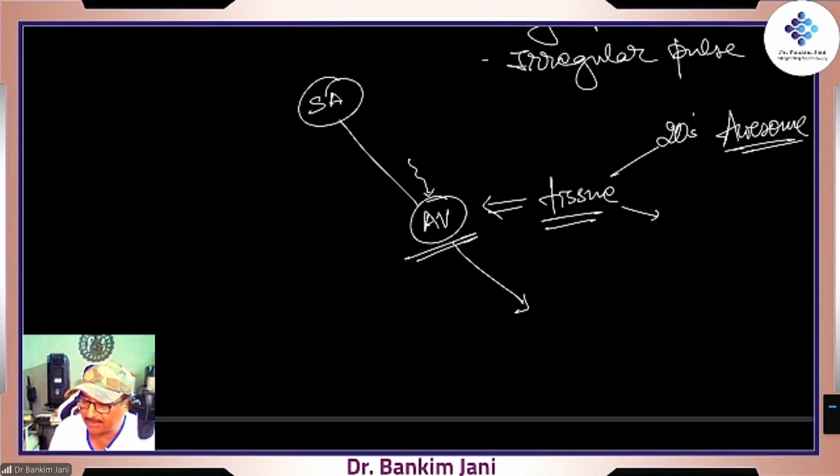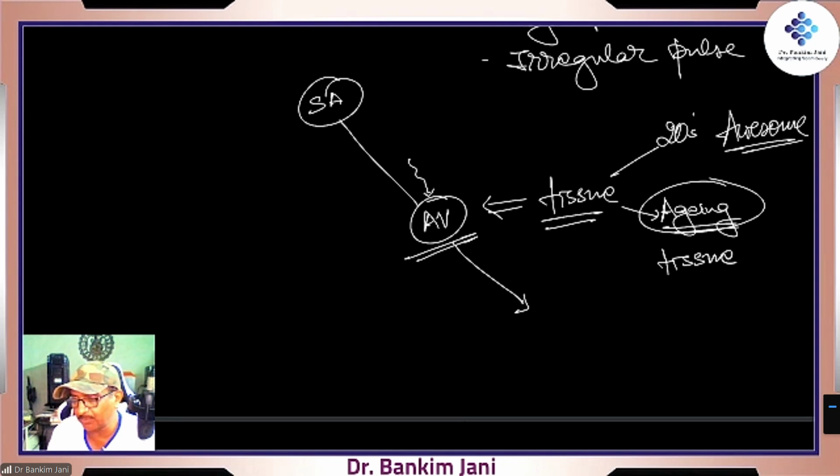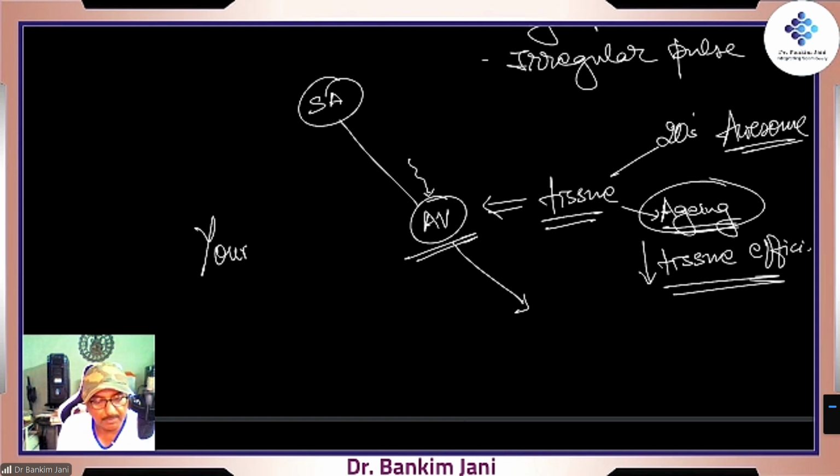But as the age increases, that's why they say that aging is a process when the tissue quality, tissue efficiency, decreases. So over here, when the patient is young, their AV node is better, and if such a young patient develops multiple foci, more pulses will pass through the AV node, so there will be more QRS complexes.